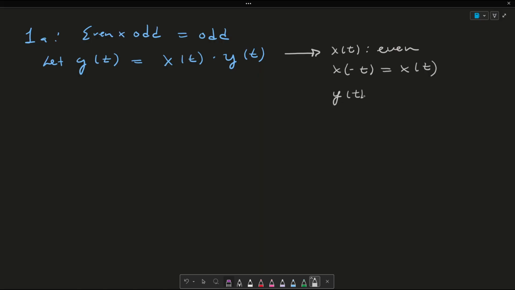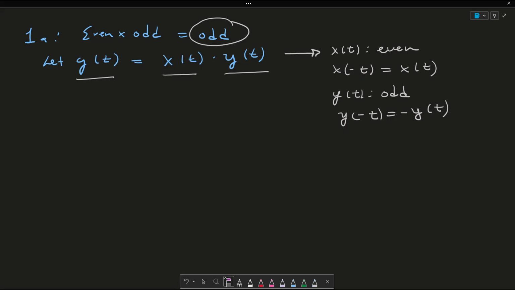And y of t is an odd function, which means y of negative t is equal to minus y of t. To prove that g of t, an even times an odd function, is an odd function, we need to prove that g of minus t is equal to minus g of t. So g of minus t equals x of minus t times y of minus t.